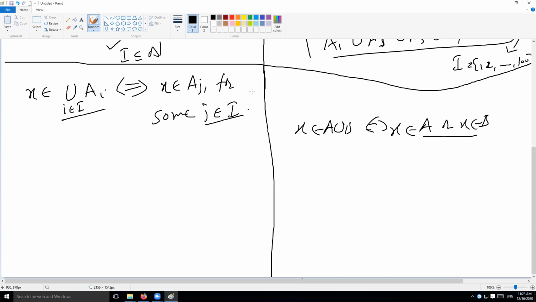Could be in A1, could be in A2, could be in A3, I don't know. There's at least one index, say 1 or 2 or 3 or 10 or whatever, in which x is there. So that's really a shortcut way to write it. If there is anything to understand here, do ask.